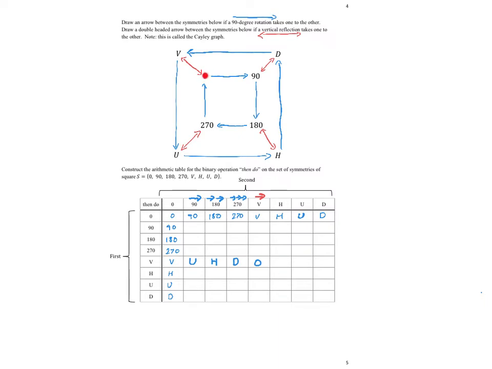To perform an H, you start at 0, you do a blue, and then a red to land at H. So this one would be a blue arrow, and then a red arrow to land at H. Okay, so now let's perform V followed by H to fill in what goes right there. So starting at V and then performing an H is a blue, and then a red. So it takes me to 180.